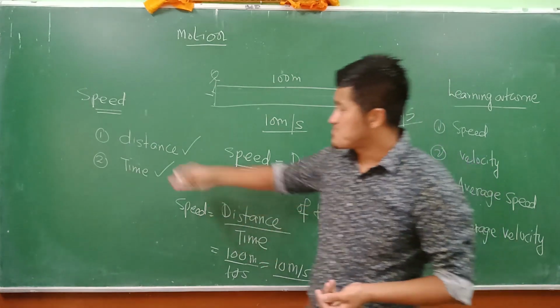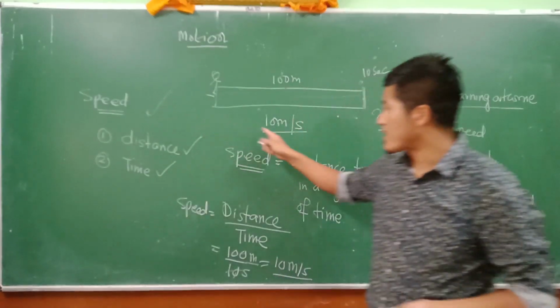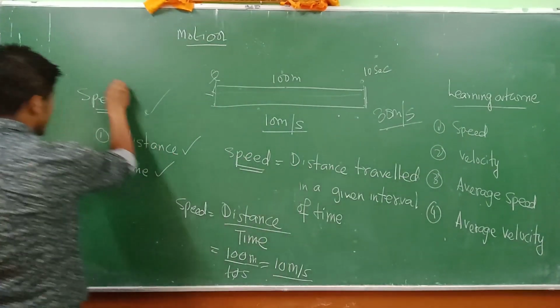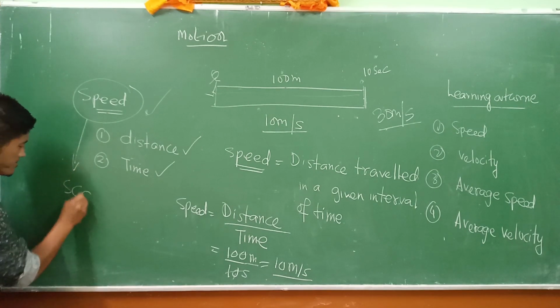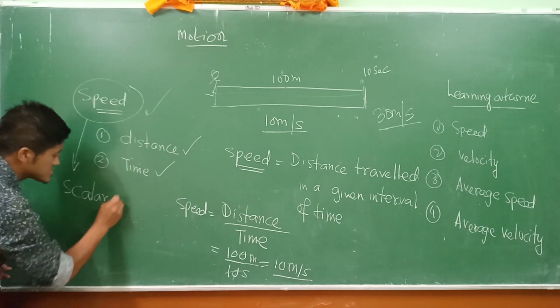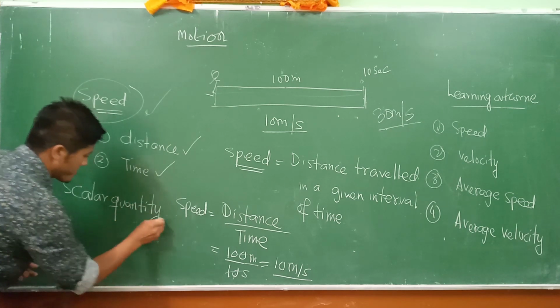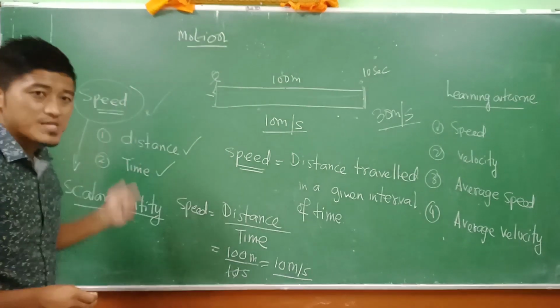Speed only shows the magnitude, but it never shows the direction. That is why speed belongs to the scalar quantities. Understand?